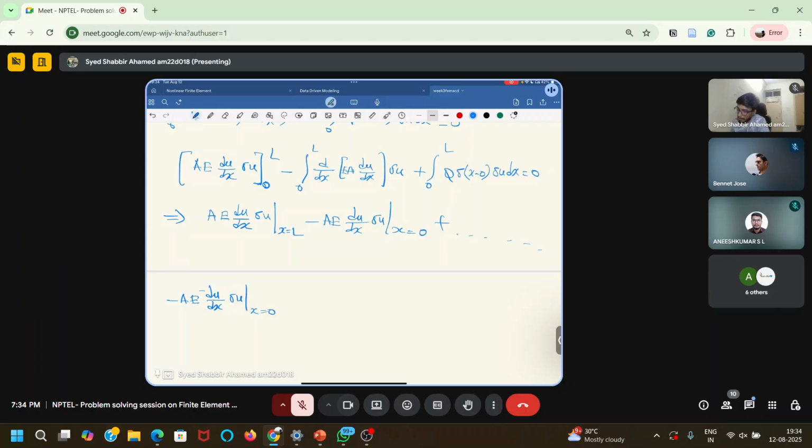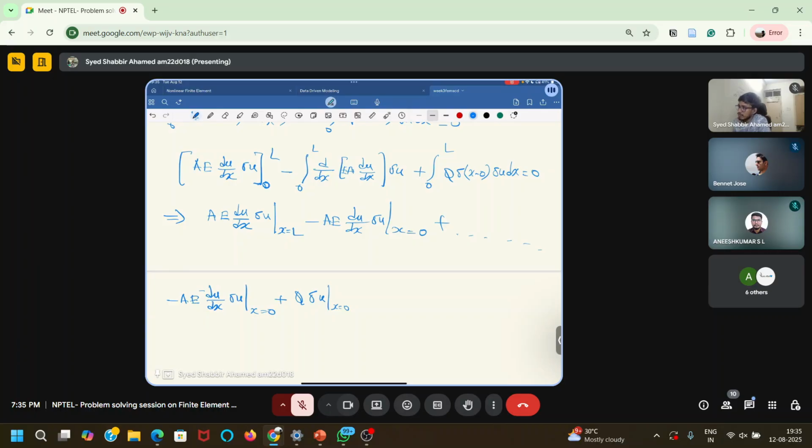This is at x equals 0. And you can send this here. This is also like, if you integrate this, you will get nothing but q into del u of 0, or you can say at x is equals to 0, because this is a direct delta function.